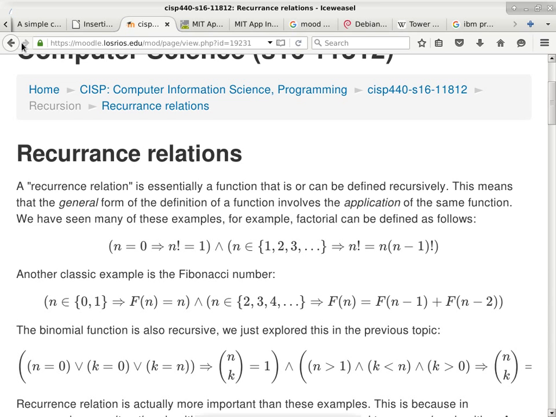When you look at the definition here, n factorial can be expressed as n times the factorial of n minus 1. In other words, we are looking at a bigger problem, which is n factorial, and we break it up into a smaller problem, which is n minus 1 the whole thing factorial, plus some additional operation. And that basically defines what a recurrence relation is, which leads to recursive algorithms.